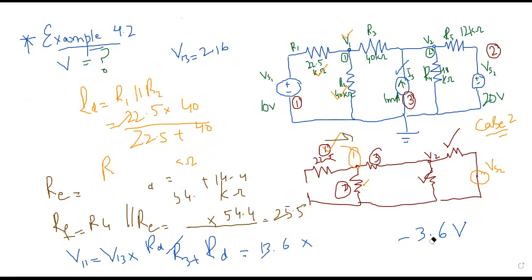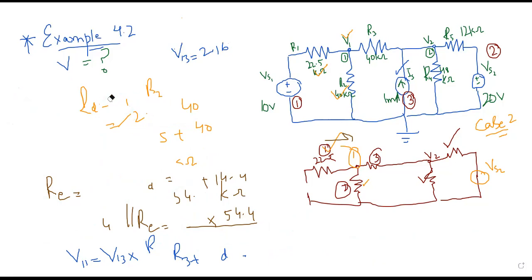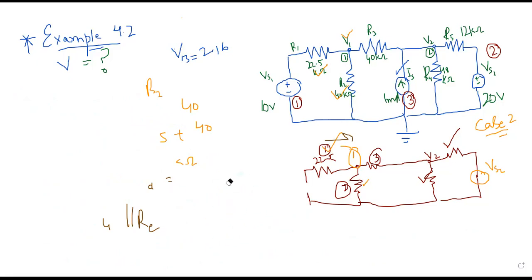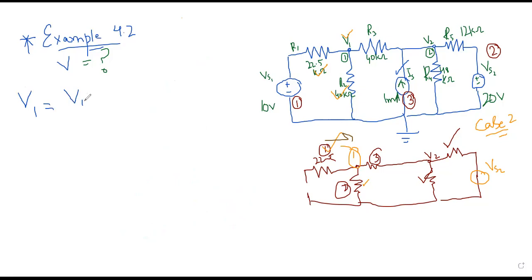The total value will be the value of V1 from case number 1, case number 2 and case number 3. So V1 equals V11 plus V12 plus V13.